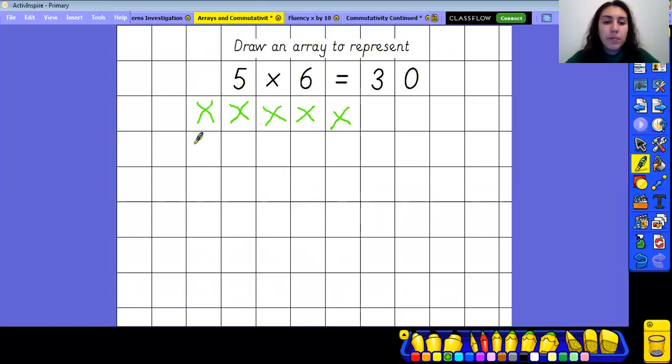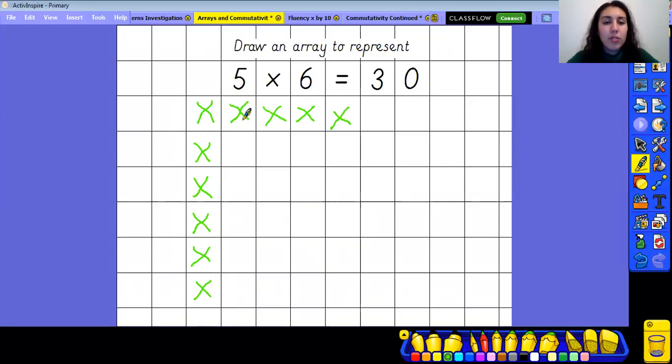I've got 1, 2, 3, 4, 5, 6. 1, 2, 3, 4, 5, 6. Excellent. So in this group, I've got 6.